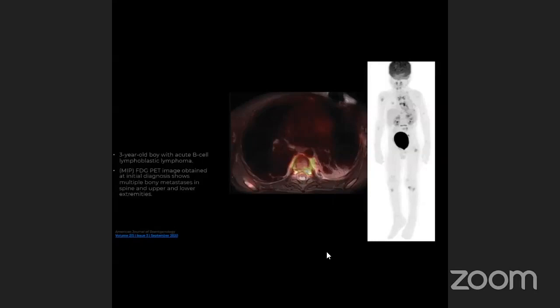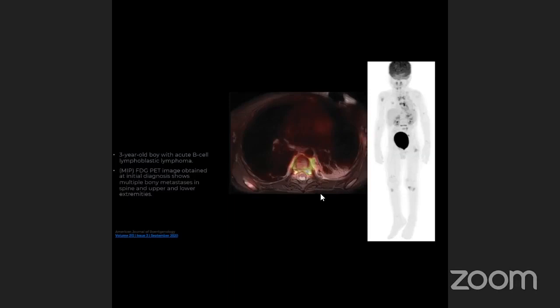Let's go to this patient who has a known case of lymphoblastic B-cell lymphoma. And you can see that he did, in pediatric oncology, a PET MRI. In PET MRI, you can see that there are some lesions, right?